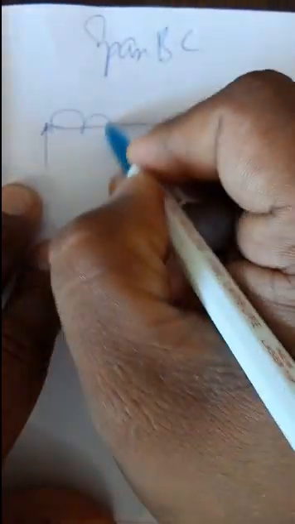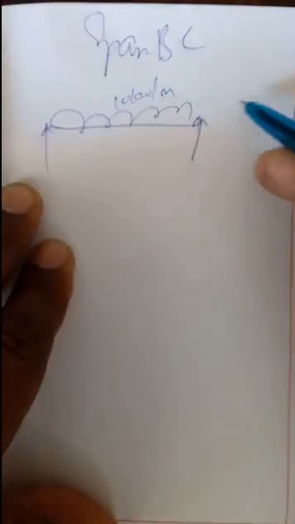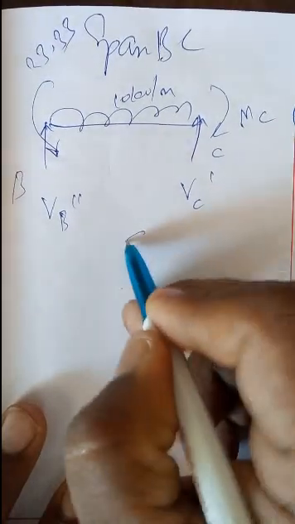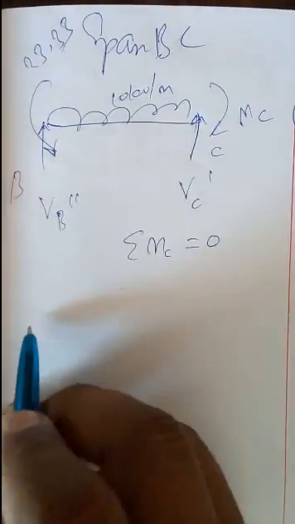BC. So you take this span BC and you apply 10 kilonewton per meter. Here it is MC, and at this location you have VB double dash and this VC dash, and here it is 23.33. So take this as point B and this is point C. Take moment about point C equal to 0.